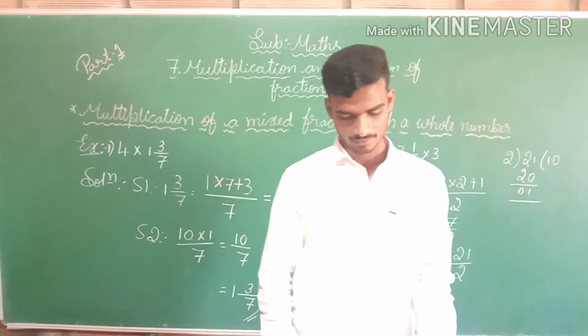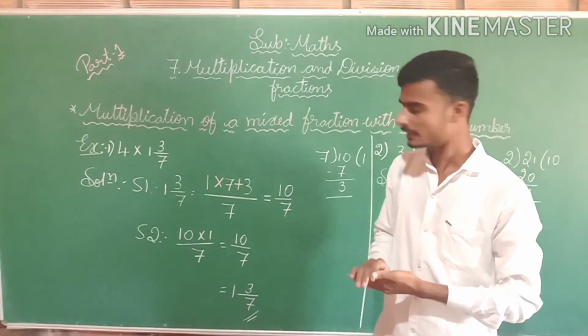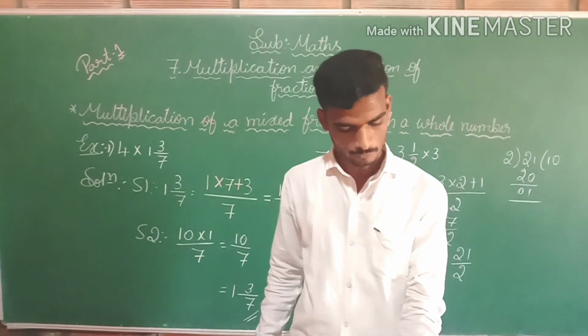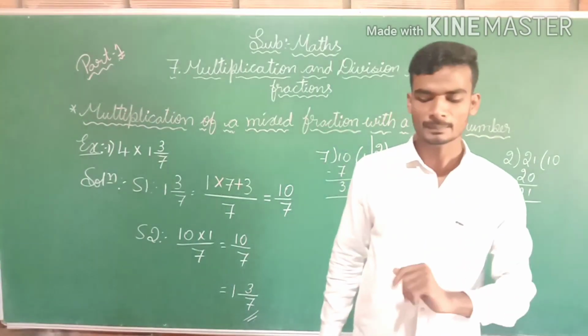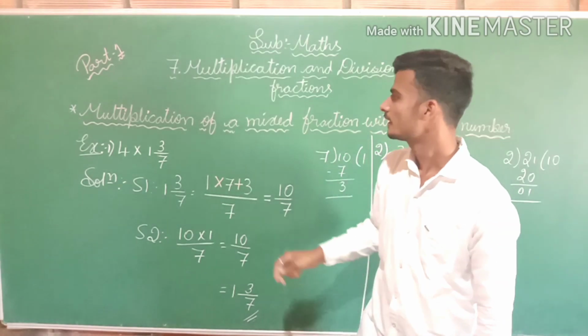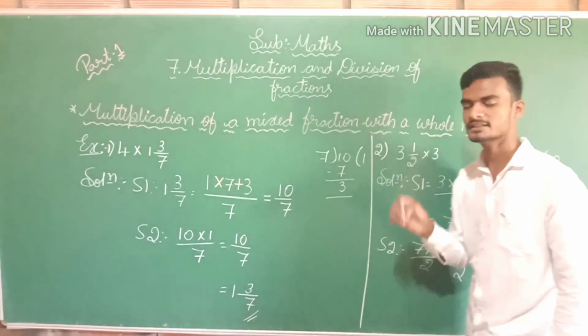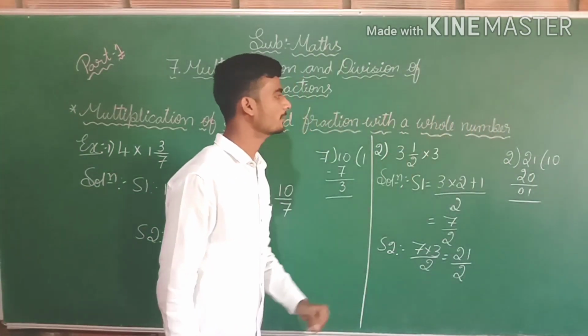Dear students, previously we discussed multiplication of a whole number with a fraction and multiplication of a fraction by a fraction. Now let us discuss multiplication of a mixed fraction with a whole number.